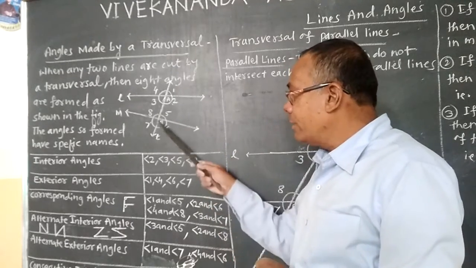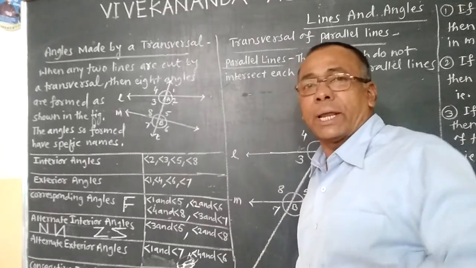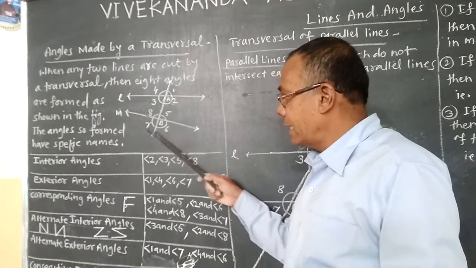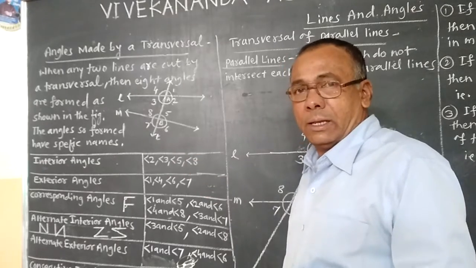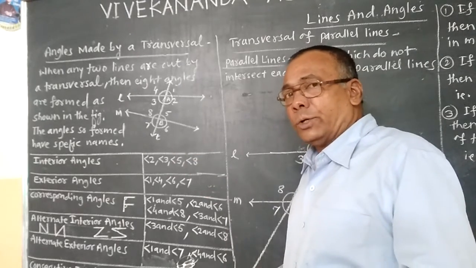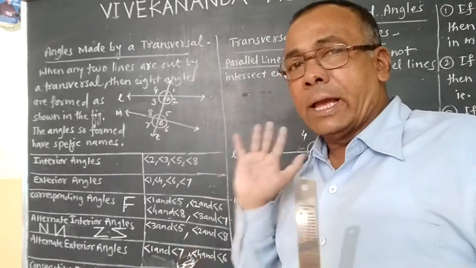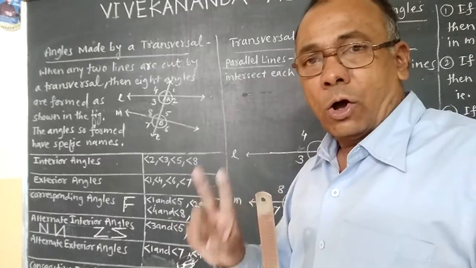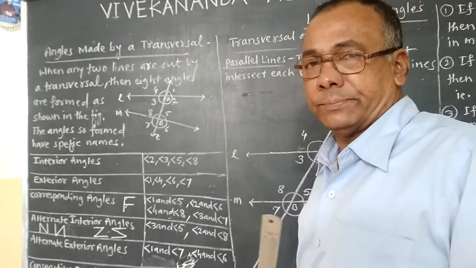Similarly, at point B, again 4 angles are formed: angle 5, angle 6, angle 7 and angle 8. In this way, a total of 8 angles are formed due to the transversal of the two lines.